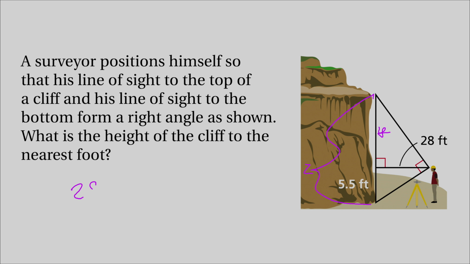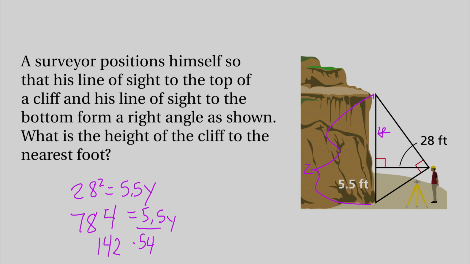So 28 squared is equal to 5.5y. So I would just do 28 times 28. That gets us 784 is equal to 5.5y. Divide it by 5.5, and that gets us 142.54 repeating.